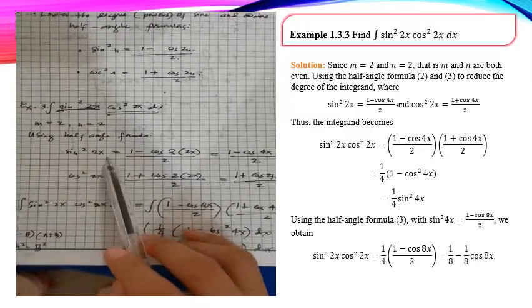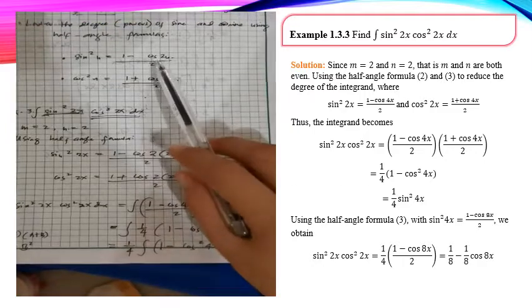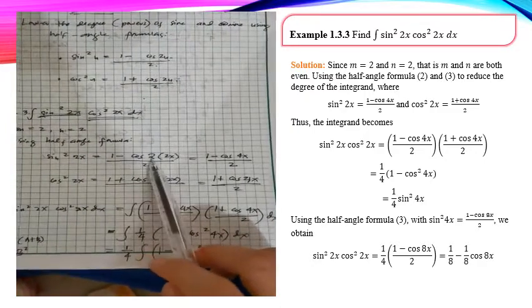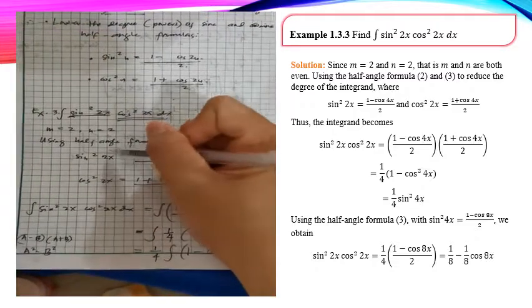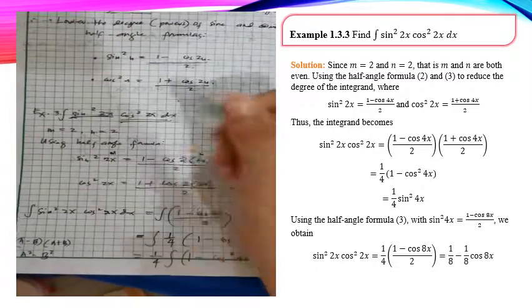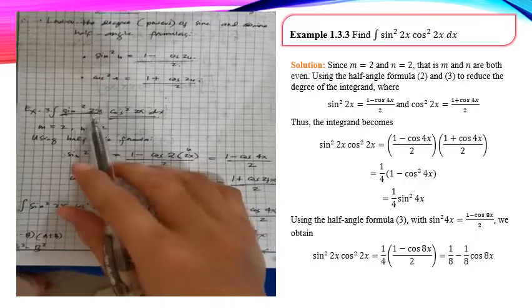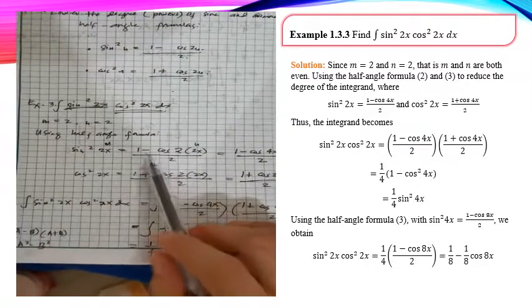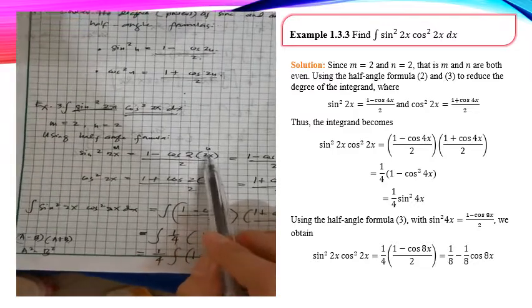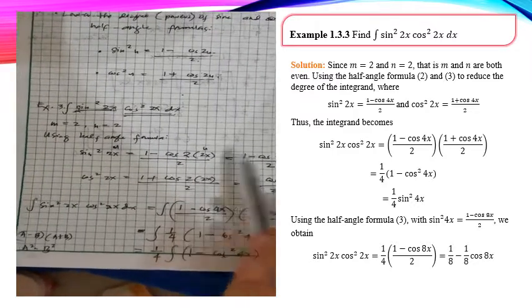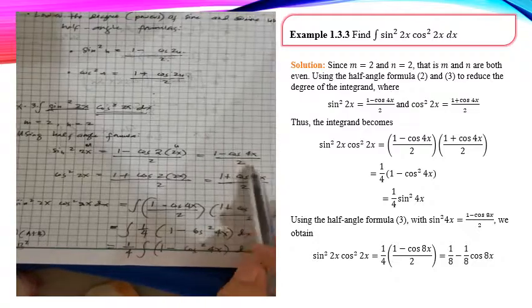So, sine squared 2x is equal to 1 minus cosine of 2 times etong 2x na yan, yung u natin. Ibig sabihin, yan yung angle natin na given. So, 1 minus cosine of 2 times 2x over 2. So, that is equal to 1 minus cosine of 4x over 2.